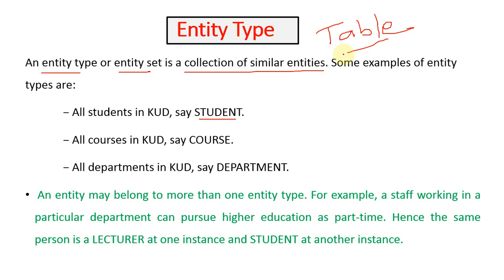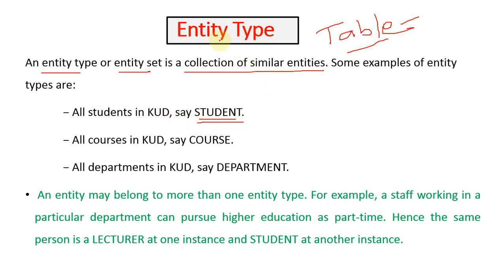In the relational model, we'll use table name instead of entity type; we'll say table or we'll say relation. A table, all students in KUD, say student table.